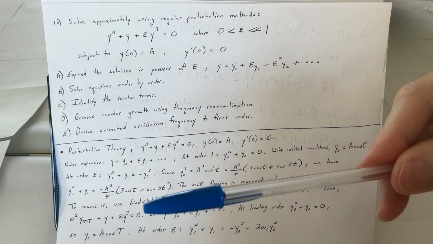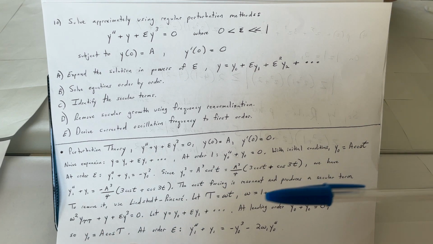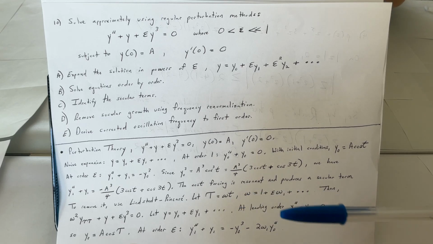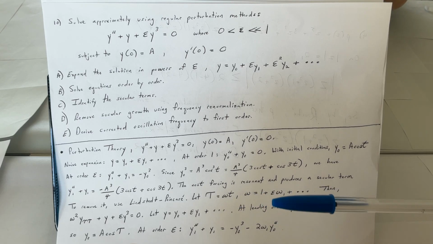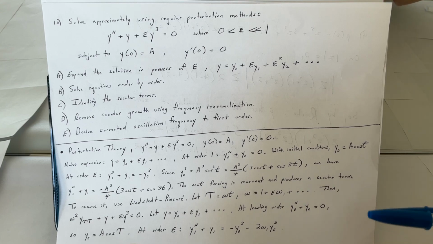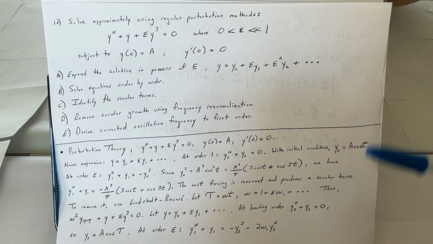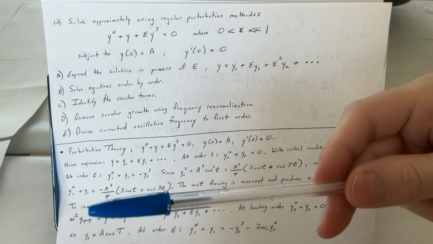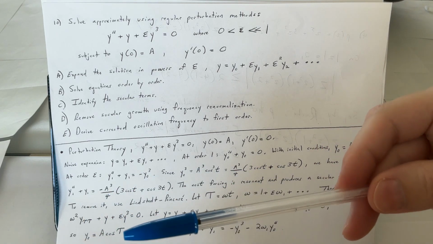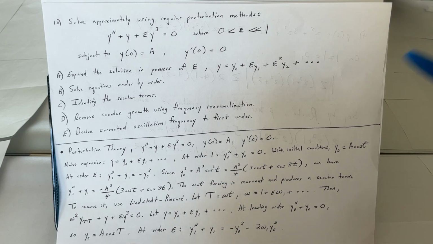To remove it, we use Lindstedt-Poincaré. Let tau equal omega t, and omega equals 1 plus epsilon omega sub 1 plus and so on. Then omega squared y sub tau tau plus y plus epsilon y cubed equals 0.